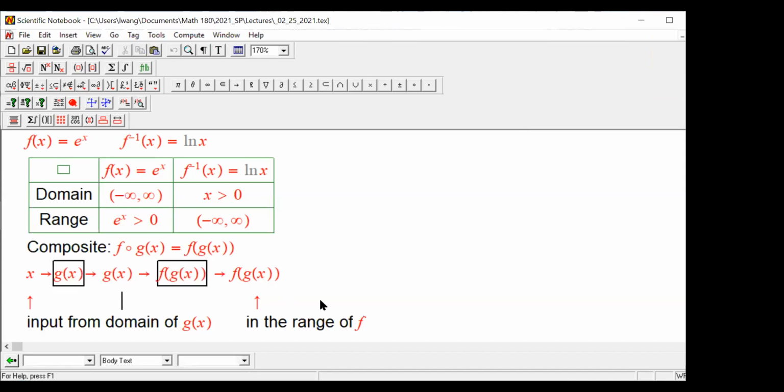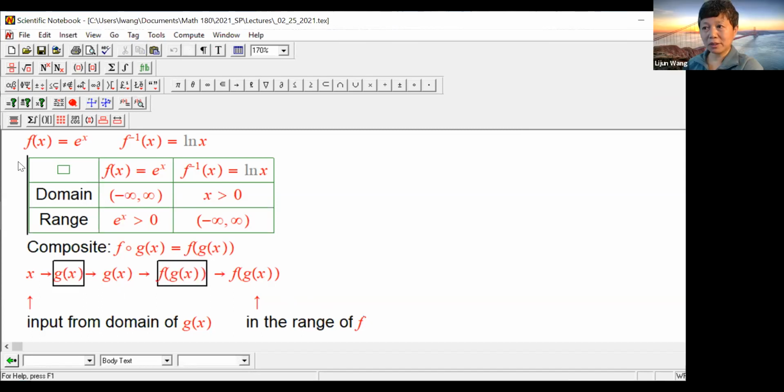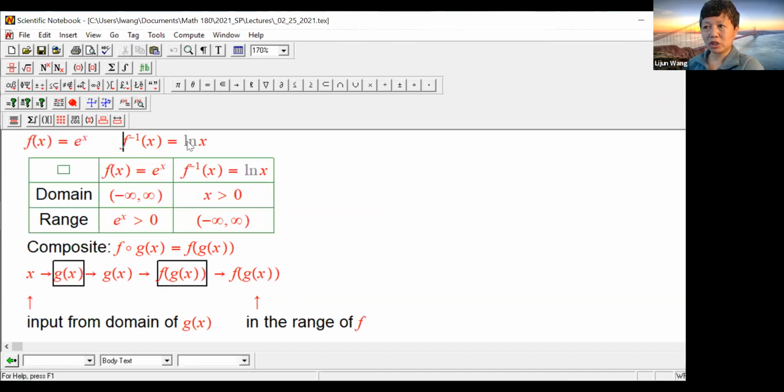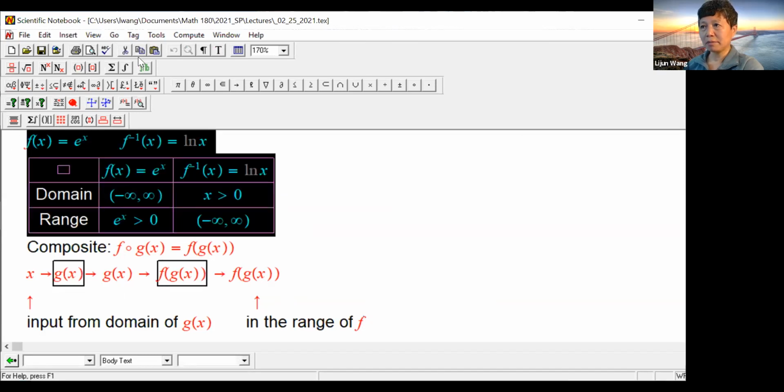Okay, so now let's see what happens here. Now this is my F and this is my G. I'm going to take this one and put it over here because I have limited space.